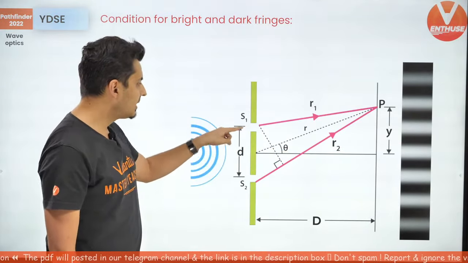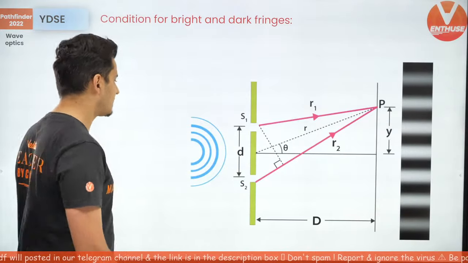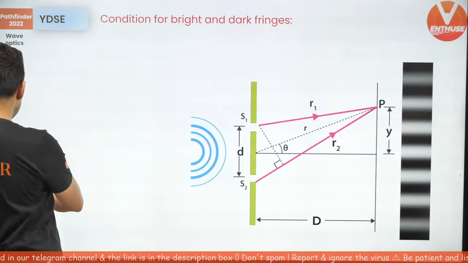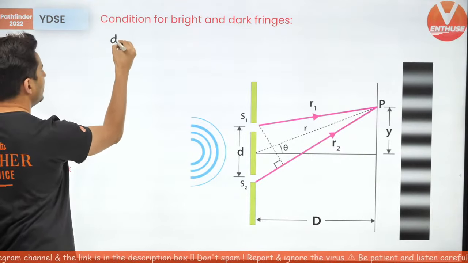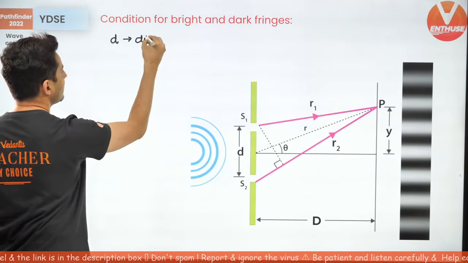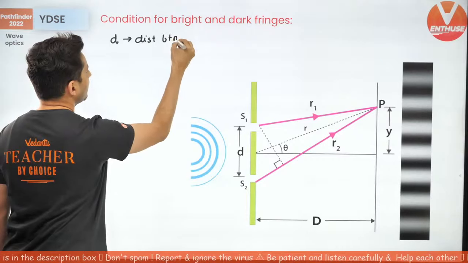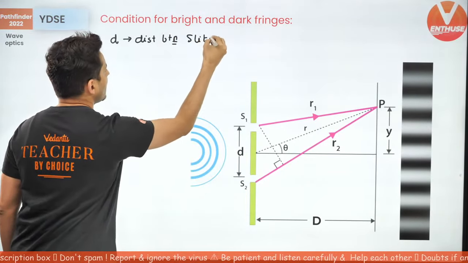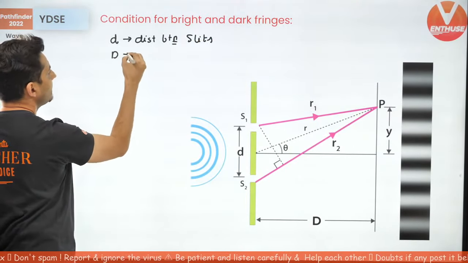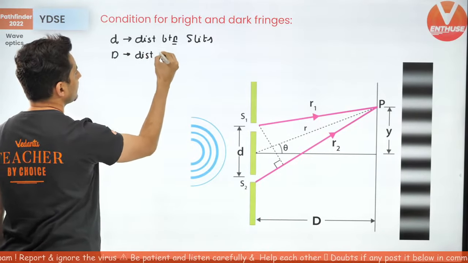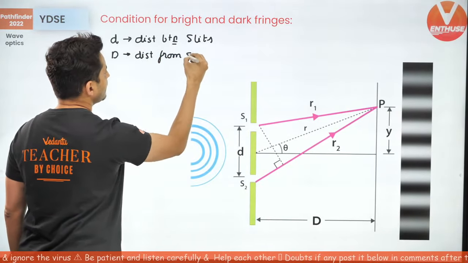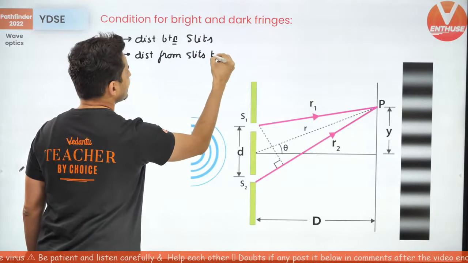This small d is the distance between the slits. So I'll mention what these things are right over here. The small d is basically the distance between the slits. Then you have capital D, which is the distance from the slits to the screen.